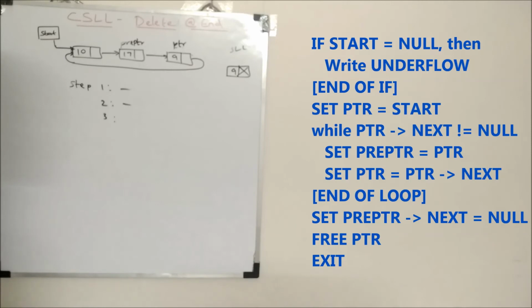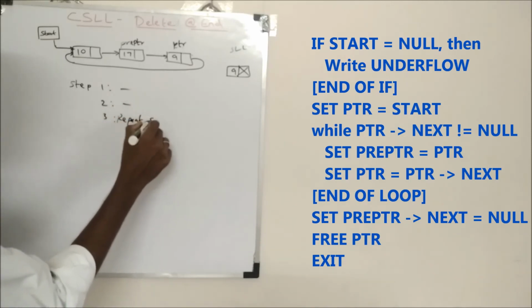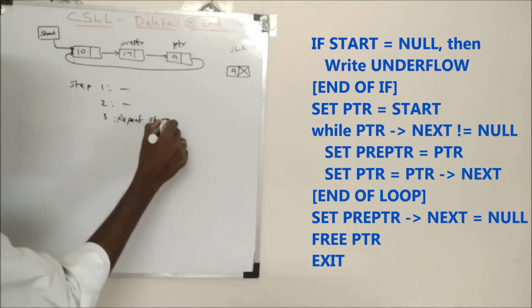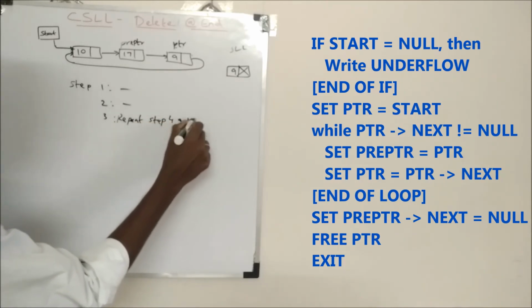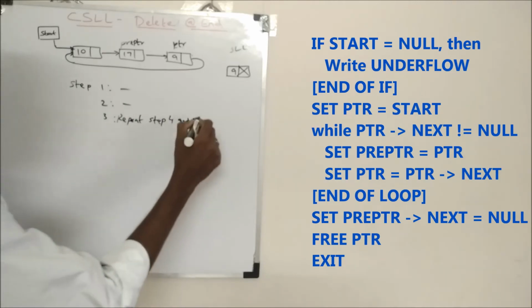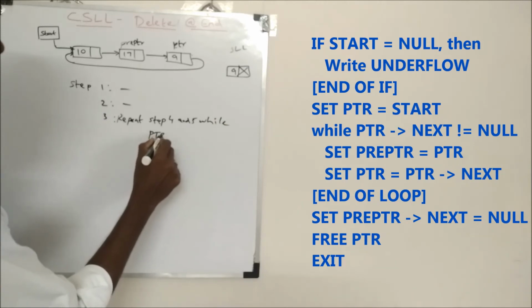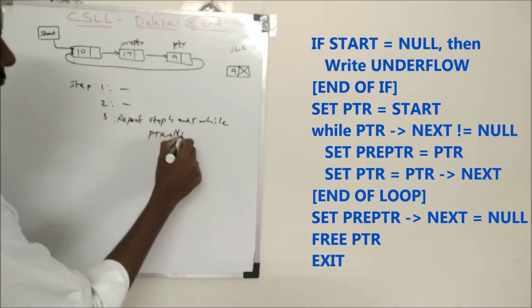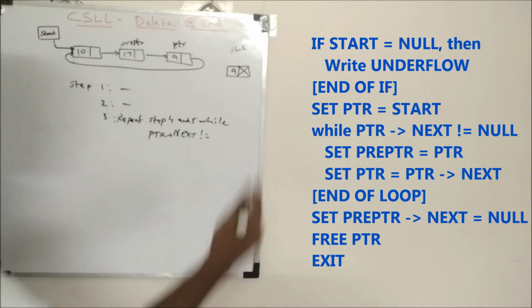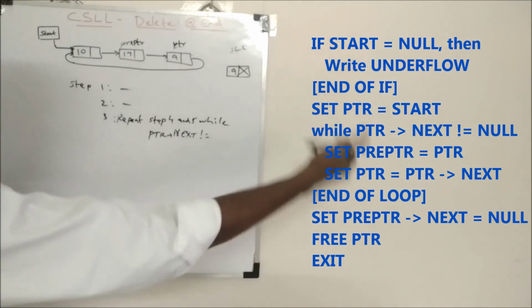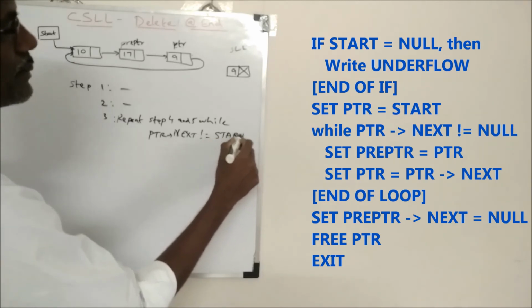So what is the change we have to make? In step 3, repeat steps 4 and 5 while PTR of next is not equal to, in singly linked list it is null, whereas here it is start.